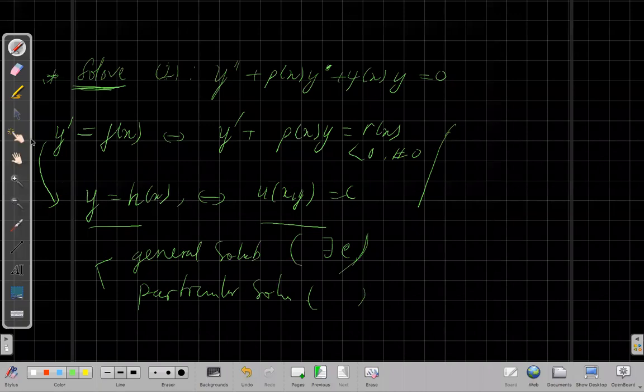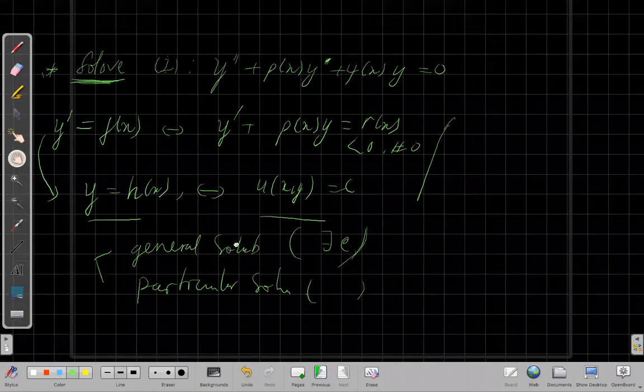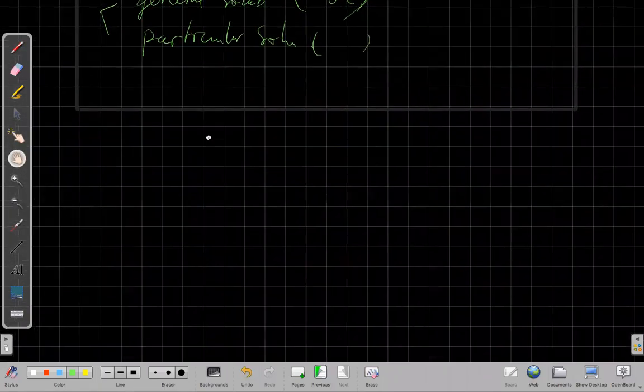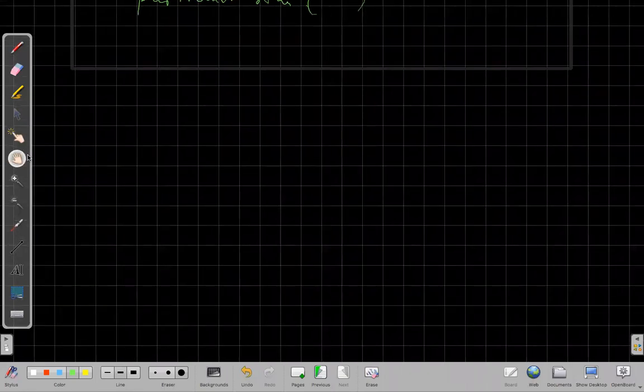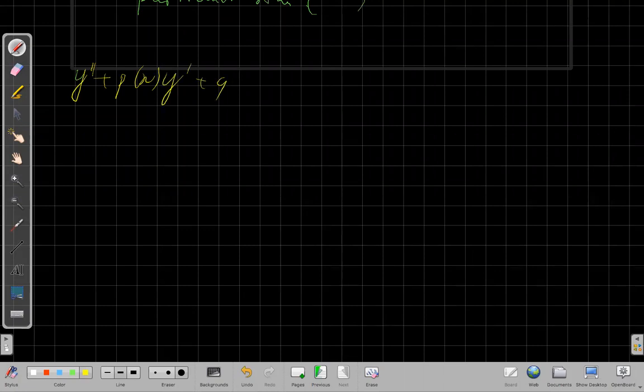In the second order equation, a little bit differently, we have more than one solution. For example, y double prime plus p(x) y prime plus q(x) y equal to 0.